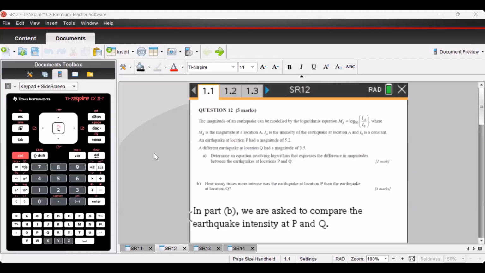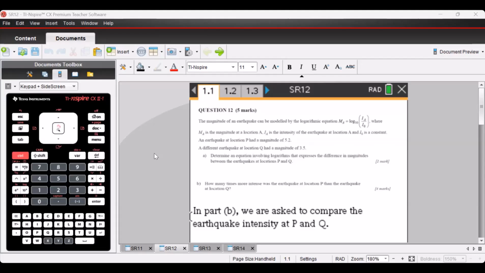There's two parts to this question. Part A asks us to determine an equation involving logarithms that expresses the difference in magnitudes between the earthquakes at location P and Q. So that means we need to find an expression for MP minus MQ.